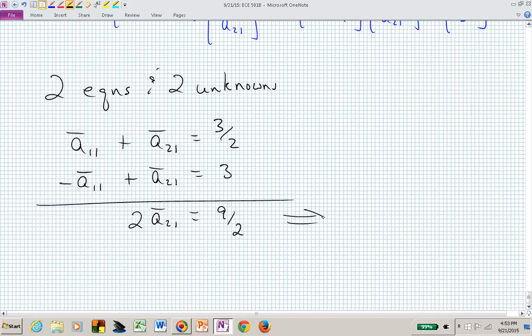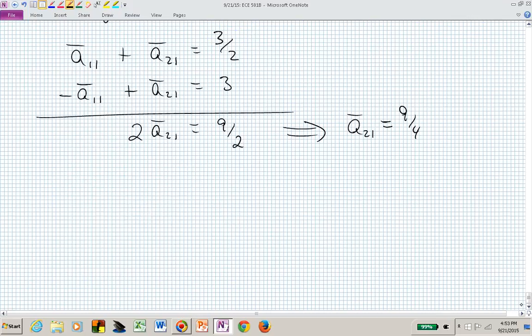And this we can solve for A21 bar to find that's now 2 1/4, or 9/4. We can use that in one of those formulas. If we now solve for A11 bar, that's now 3/2 minus 9/4, or we have 6/4 minus 9/4, or minus 3/4.